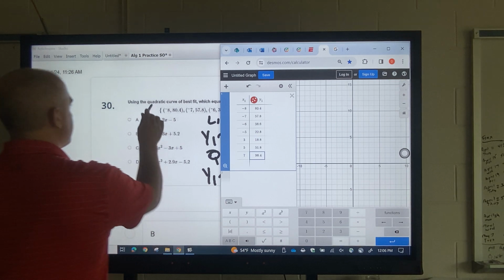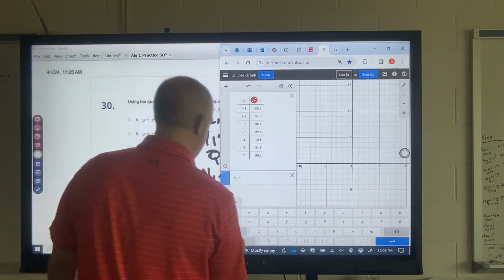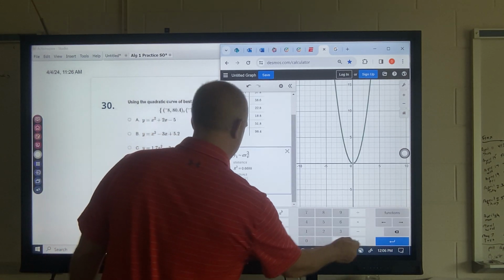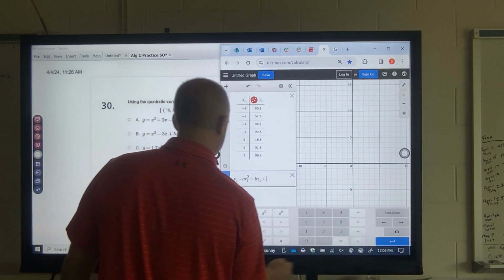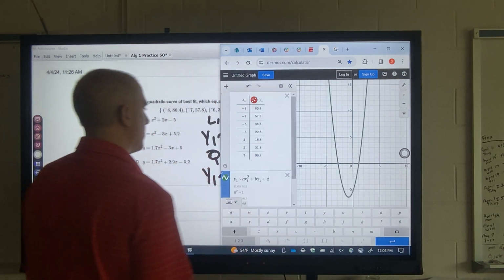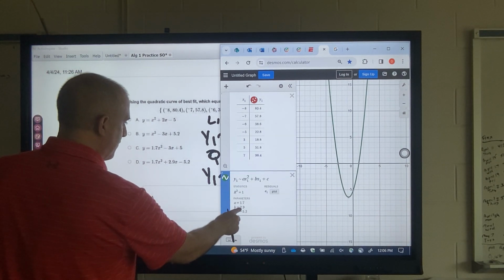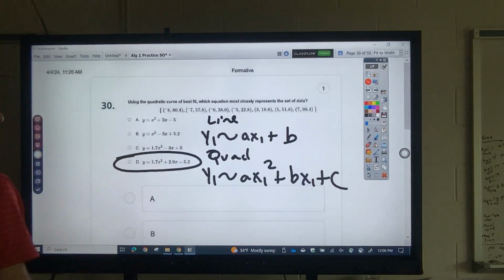Now since it says quadratic, I do y1 and go over here, tilde ax1 squared plus bx1 plus c. And it tells me these numbers are what goes in front of A, in for B, and in for C. So that would be this one.